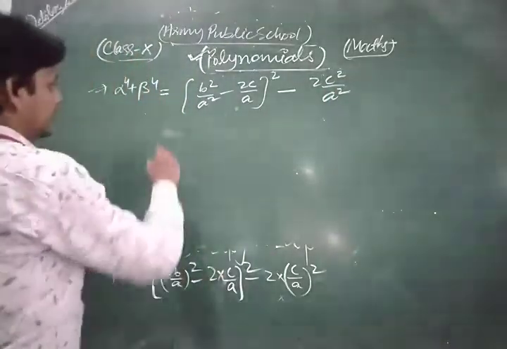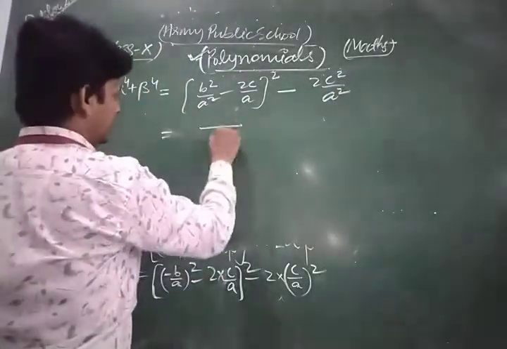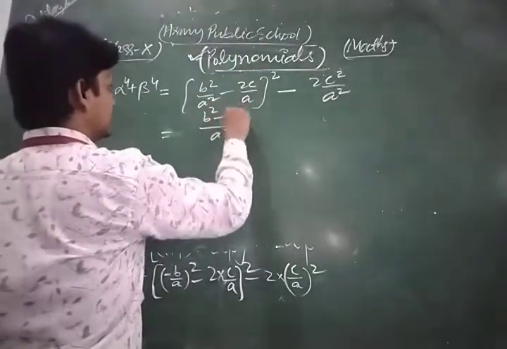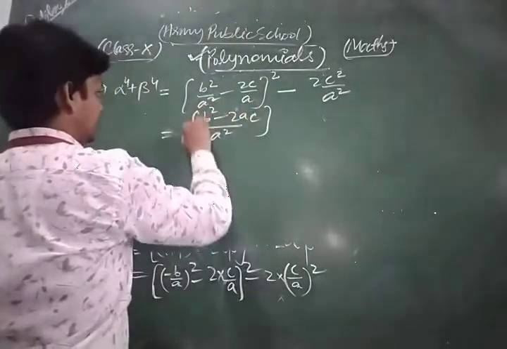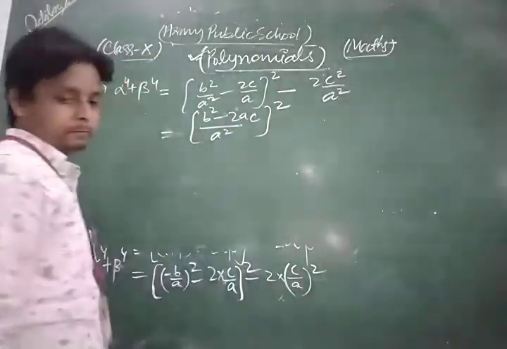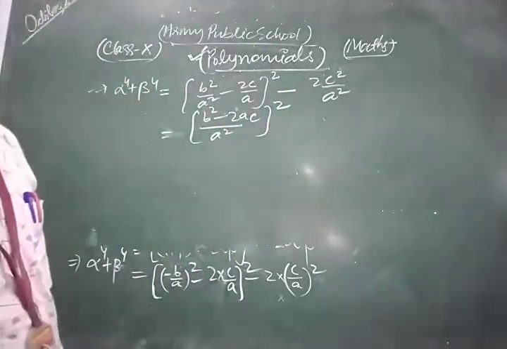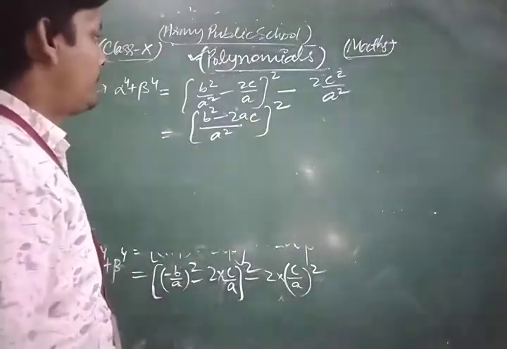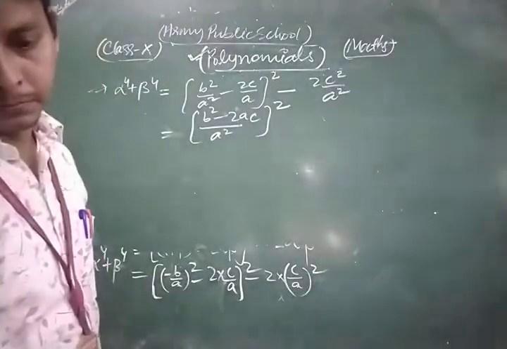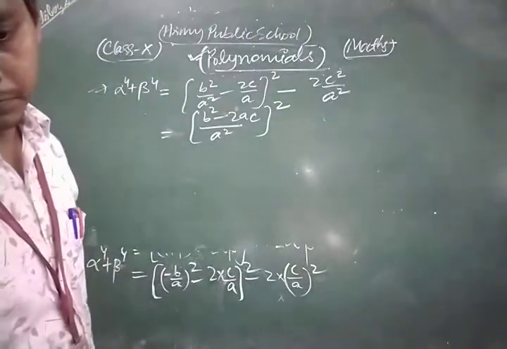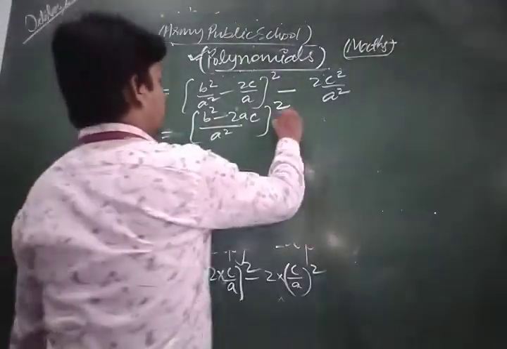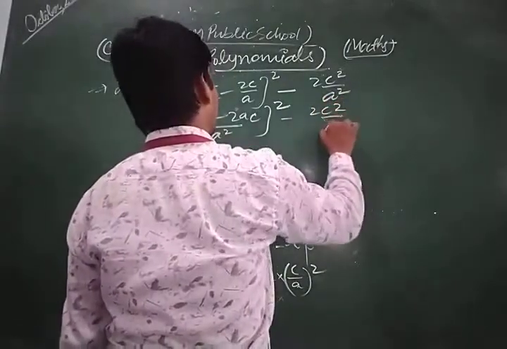Now here we take the LCM as a square, so we have b square minus 2ac, this is whole square, minus 2c square upon a square.